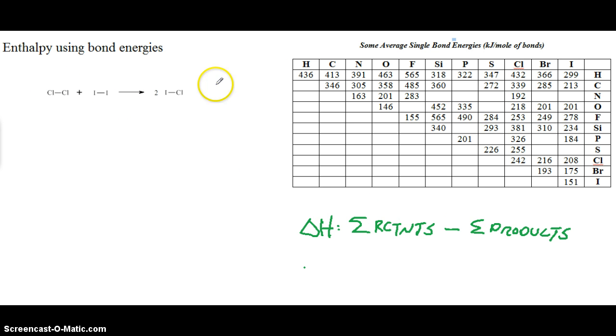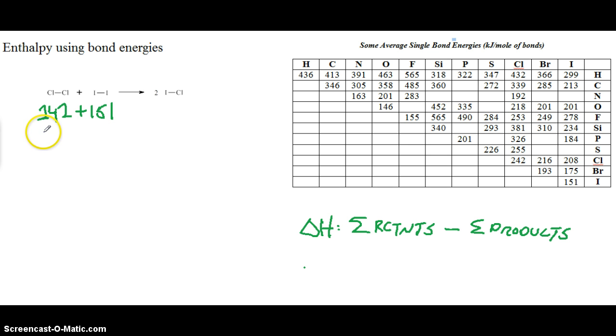So what I do is I look in a bond table and ask, what is the bond between two chlorines? If I join a chlorine to a chlorine, the bond energy is 242 kilojoules per mole. I would have to put that in to break this. An iodine attached to an iodine has a bond energy of 151 kilojoules per mole.